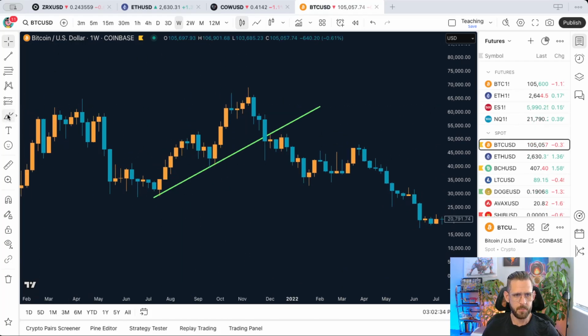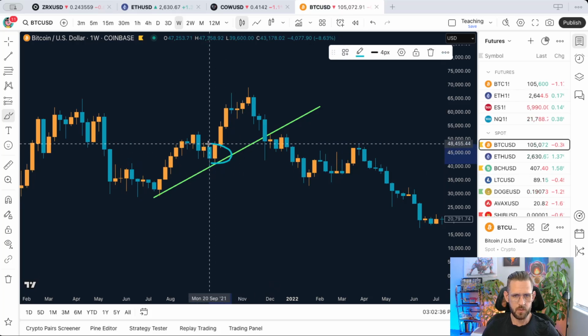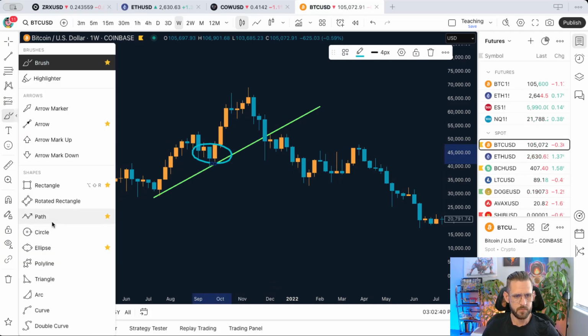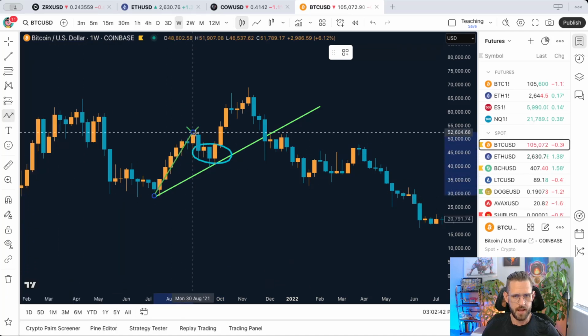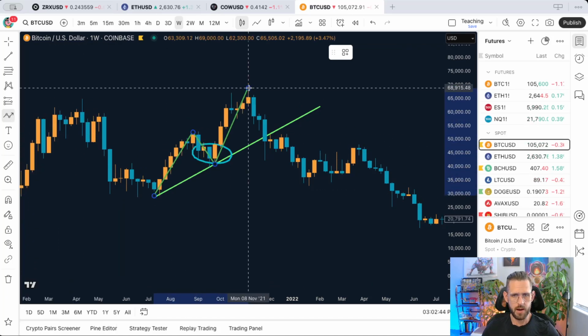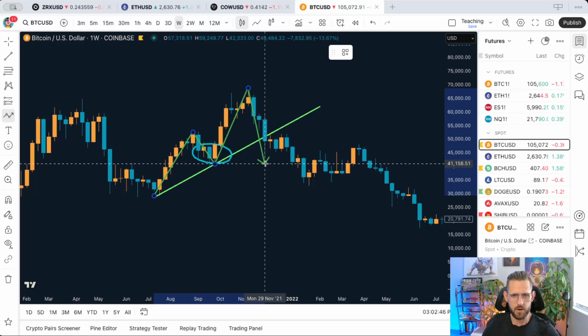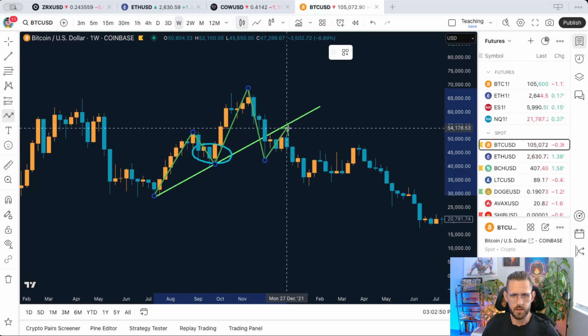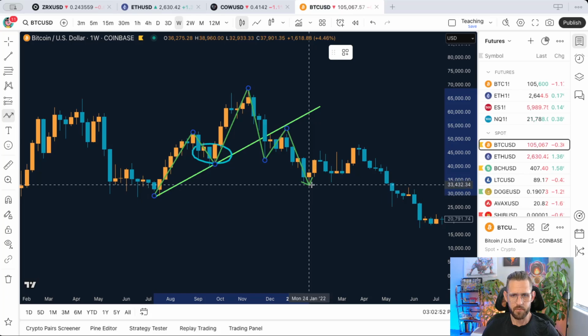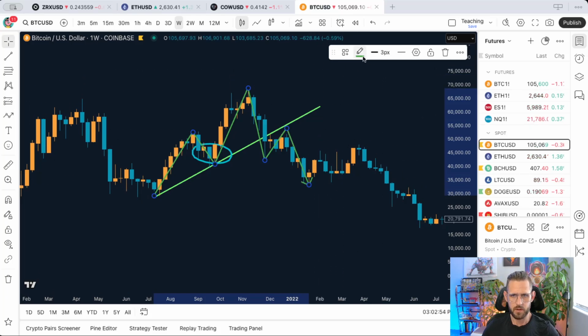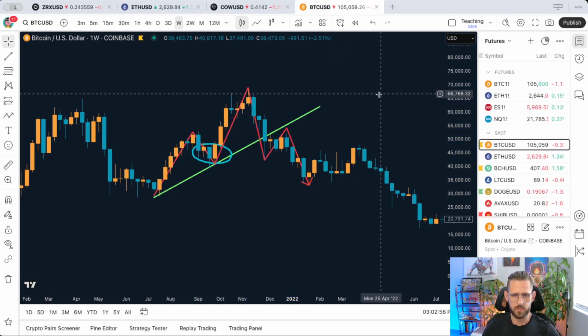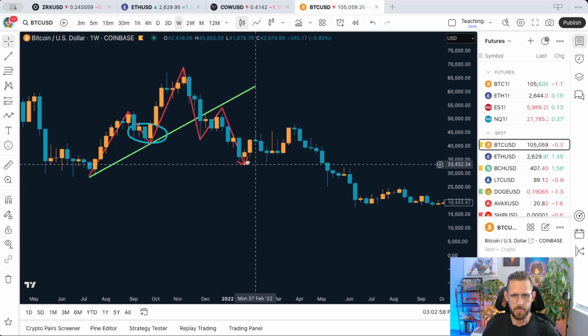So here is that key low. Our high, our low, our higher high. We have our higher low right here, right? But now it's like an equal low. Market comes up and then breaks through this. Draw this in red. So we see this inverse head and shoulders here.